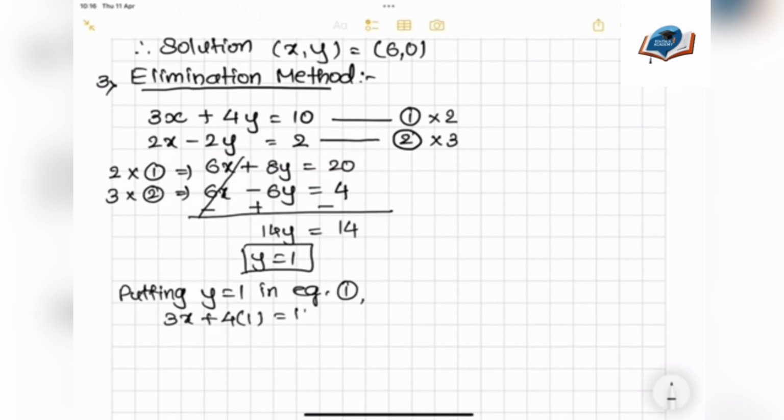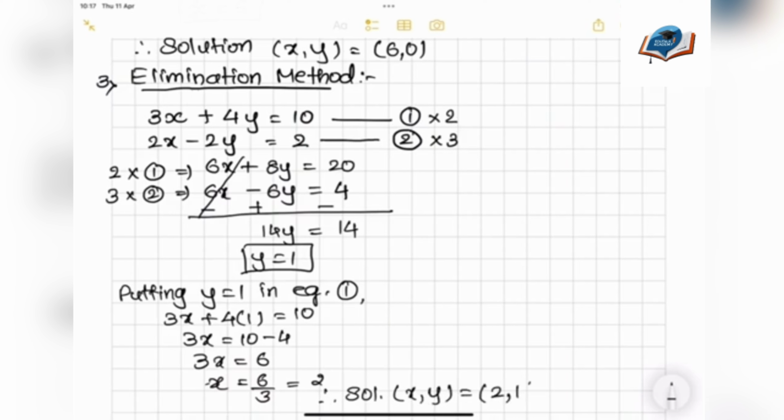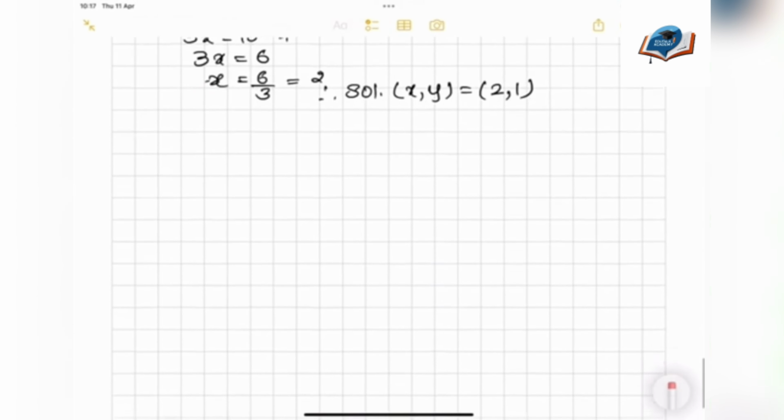So now putting y equal to 1 in equation 1, I will get 3x plus 4 into 1 equal to 10. So 3x equal to 10 minus 4. So 3x equal to 6. So x equal to 6 by 3, that is equal to 2. So my solution is x comma y equal to 2 comma 1.